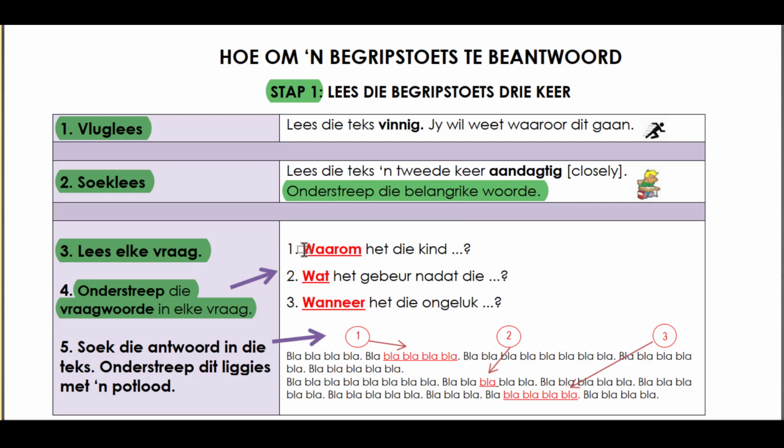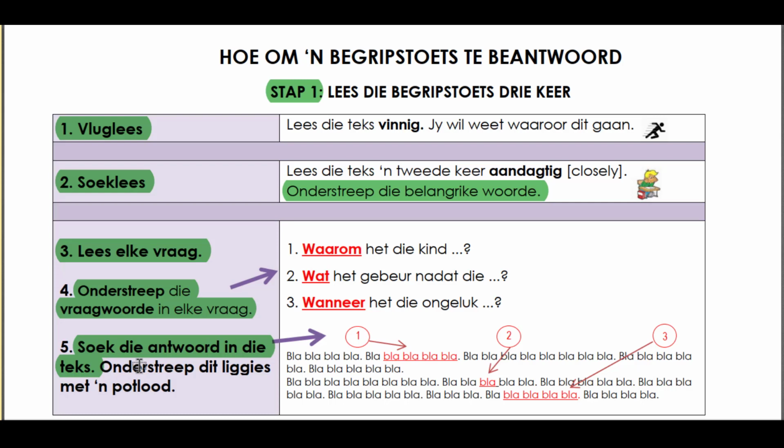When. Okay. So wanneer ons die vraag gelees het en ons verstaan waaroor die vraag gaan, dan soek ons die antwoorde in die teks. So only after we've quickly read through the passage, then read for detail, read all the questions, highlighted the important words in the questions, then we are going to go back and look for the answers in the text.